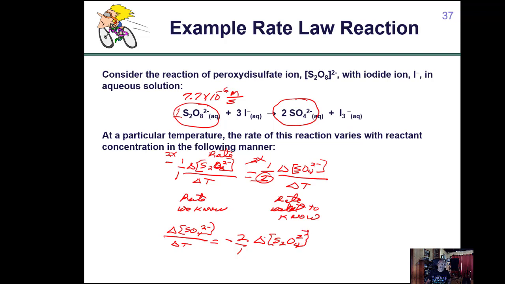Now, don't freak out about the negative sign. For our purposes, it's just recognizing that this is appearing, so it's definitely a positive value, and it's equal to the rate of disappearance. That's all that negative sign means. If we worked it out mathematically, we'd still come out with a positive value. For practical purposes, this is just going to be 2 times the rate of disappearance, which is 2 times 7.7 times 10 to the minus 6 molar per second.